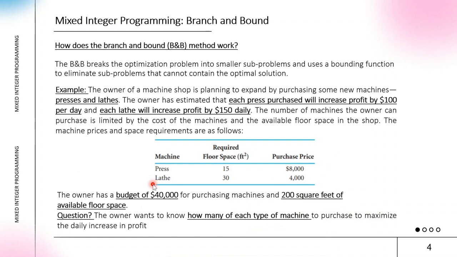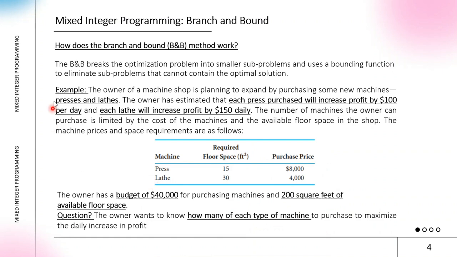I think it can be a good idea to discuss the branch and bound method using a simple general example. Then we will solve different mixed integer programming optimization problems in the field of power and energy system studies.